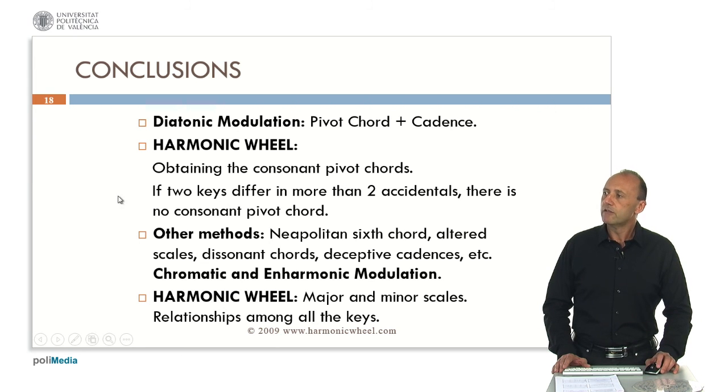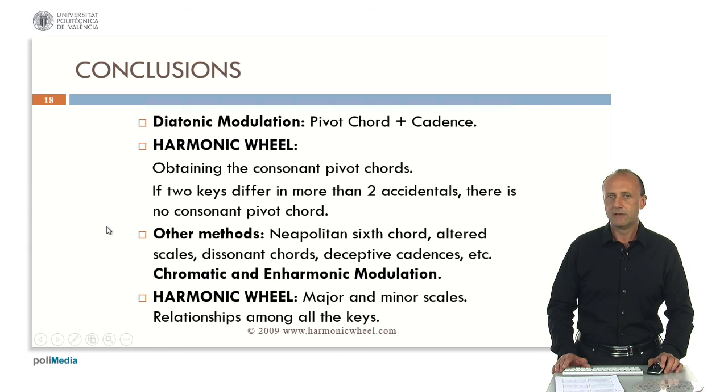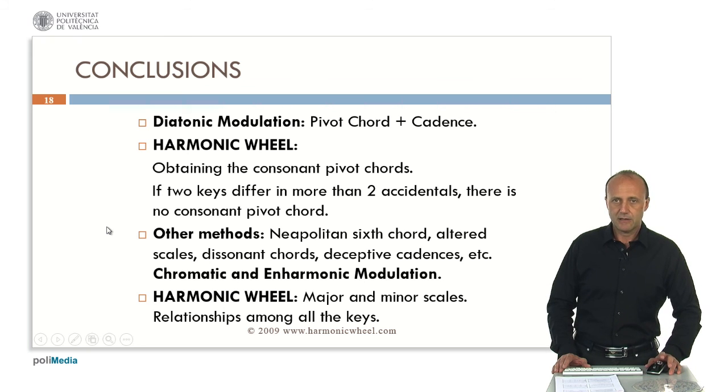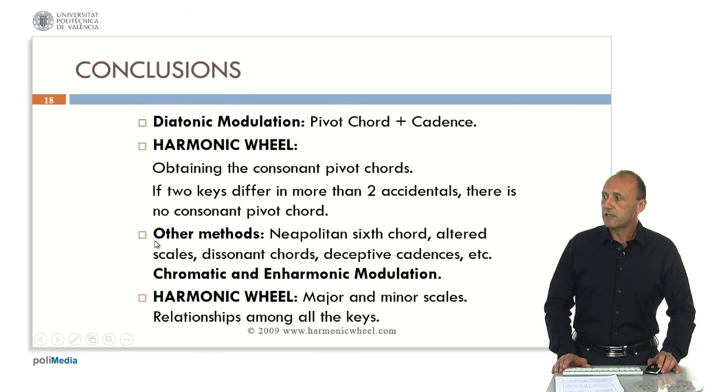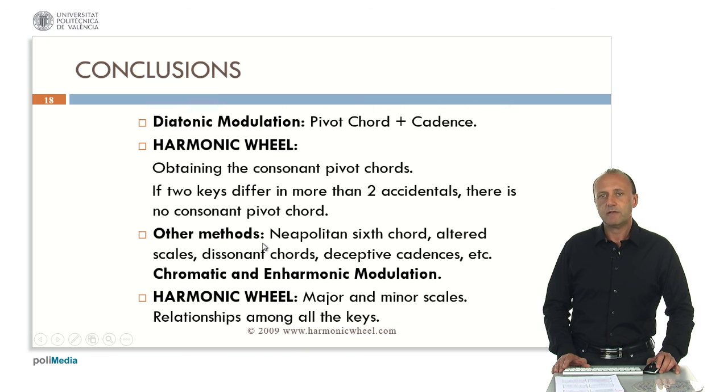We also showed that if 2 keys differ in more than 2 accidentals, for example, from C major to A major, there is no consonant pivot chord between these 2 keys.